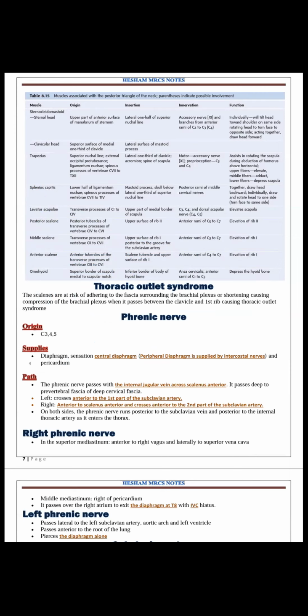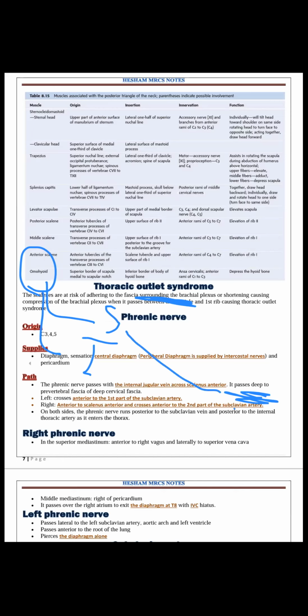You have omohyoid, and omohyoid has a superior belly and an inferior belly. Superior belly is related to the hyoid bone, and its lower part, what is meant by omo? Omo is scapula. So here it is related to the scapula. Its intermediate part is related to the clavicle by a fibrous hood.